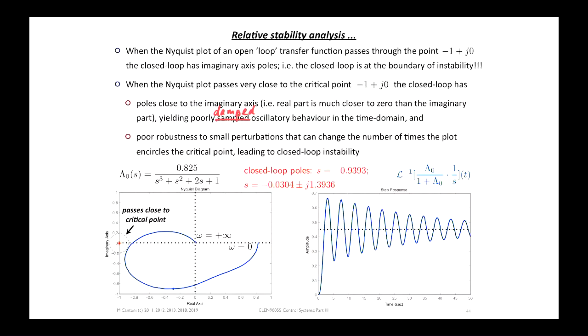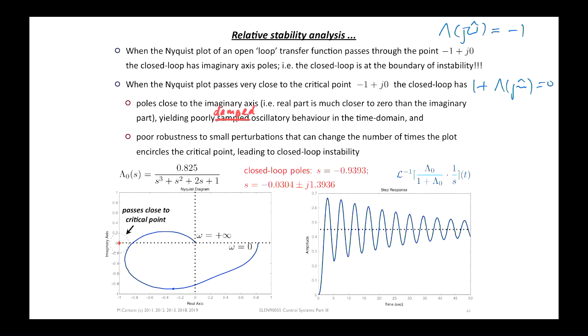All right. So we know if the Nyquist plot hits the critical point, there will be a frequency at which lambda j omega hat is equal to minus 1. Well, if that's the case, 1 plus lambda j omega hat is equal to 0.